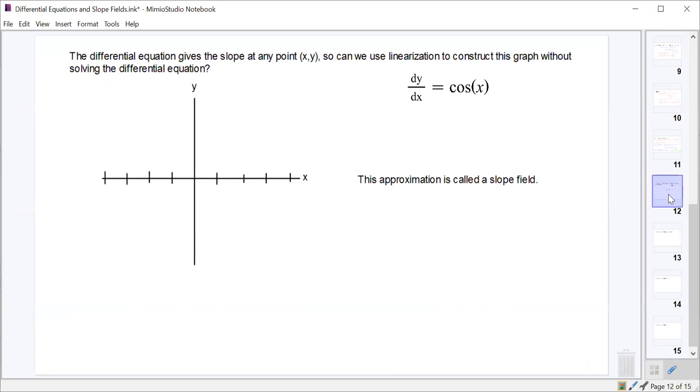And we're going to start it off with some functions that we could easily integrate and know what it should look like. For example, we're going to start with dy dx equals cosine x. We know what the integral of that is, right? What's the integral of that? Sine. So when I construct this slope field using this differential equation, what I end up putting in here ought to look like a sine function in some form or another.